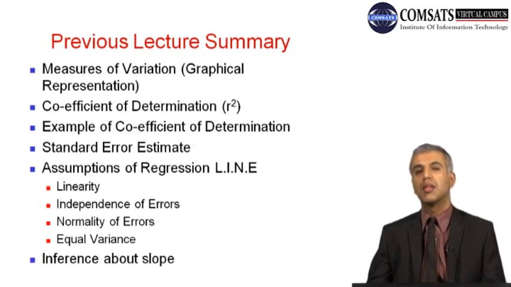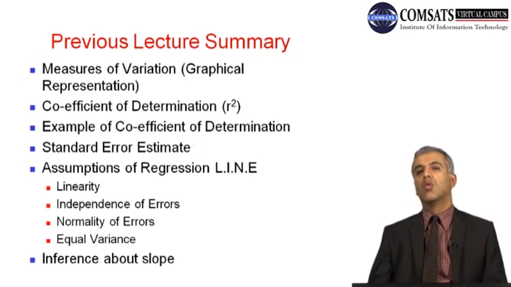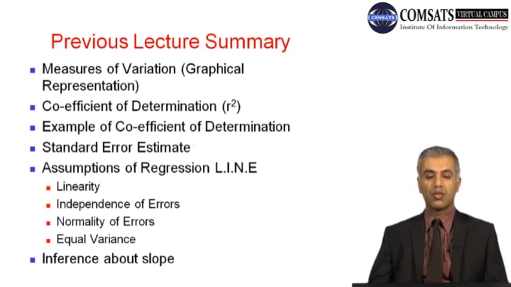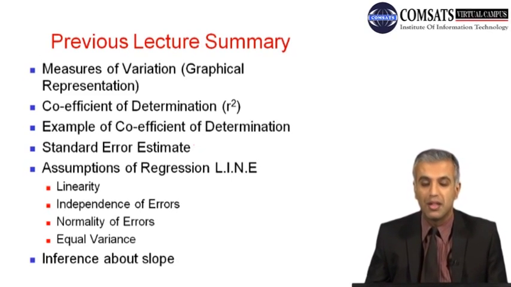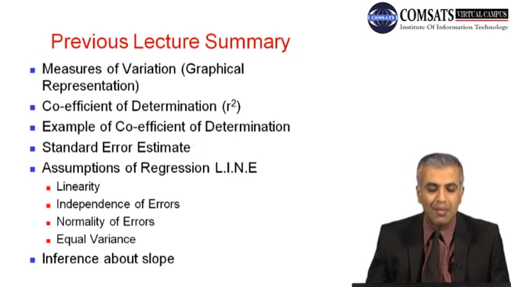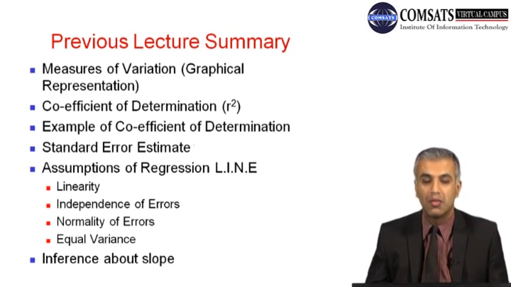Now here, the coefficient of determination, R square, was related to the division of SSR with SST, and in this case it gives us the variance which is explained by the independent variables for the dependent variable. So that's why R square is of quite major importance, and its calculation is totally based on measures of variation. That makes our concept of measures of variation very important from that aspect.